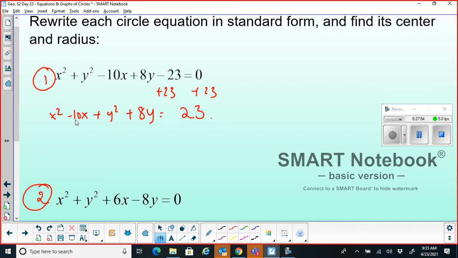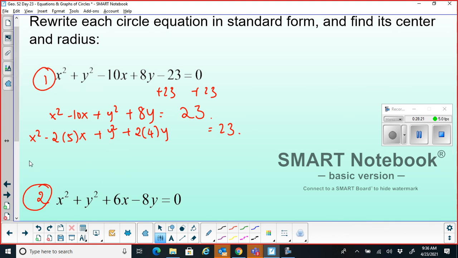Let me split this particular term, negative 10, as 2 times 5. And the same way, let me split this term 8 as 2 times 4.